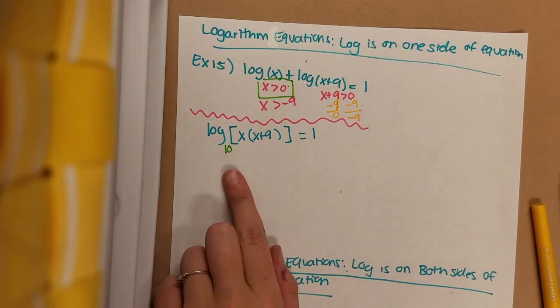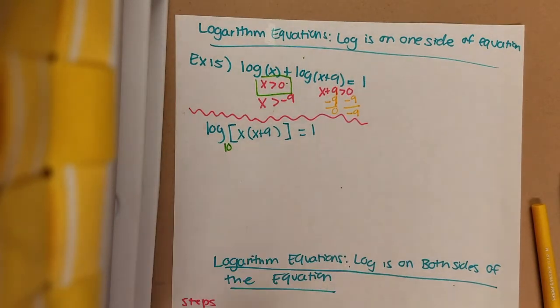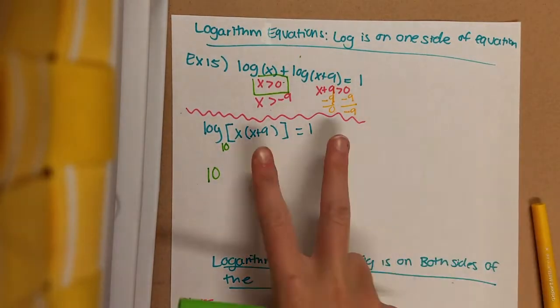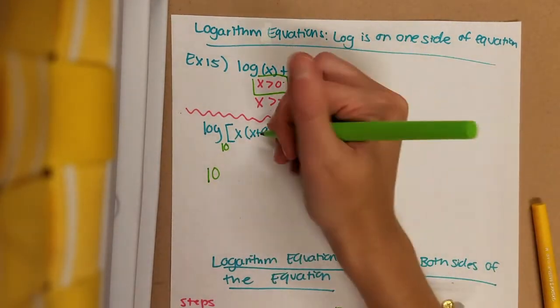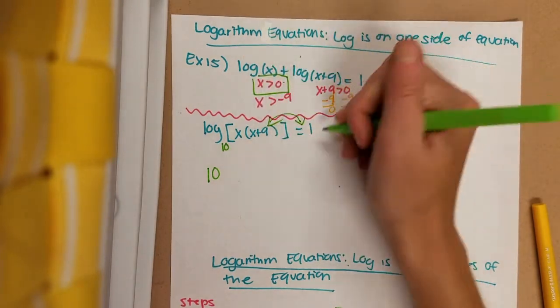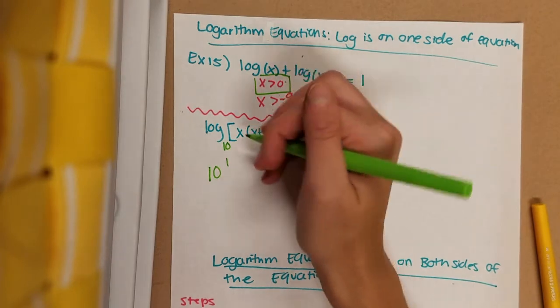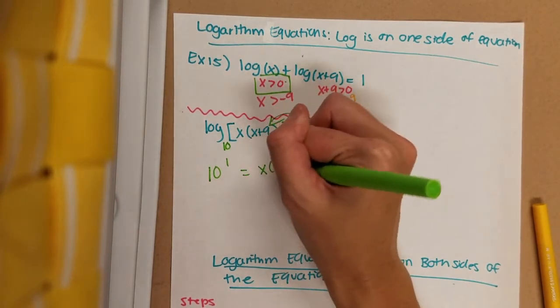Since my base is on the left-hand side, it stays there, so the base of my exponential is 10, the same as the base of the log. Then these two trade spots, so my 1 becomes the exponent of the 10, and x times x plus 9 goes on the other side.